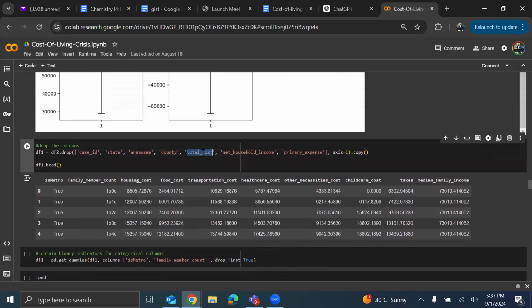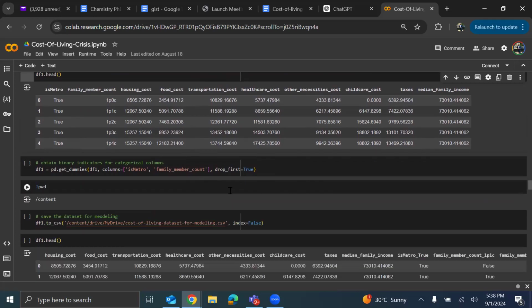I dropped total cost because although total cost is not an engineered column, it was engineered. How? It's simply a sum total of all other costs, so it is also going to be correlated. So I'm dropping it.